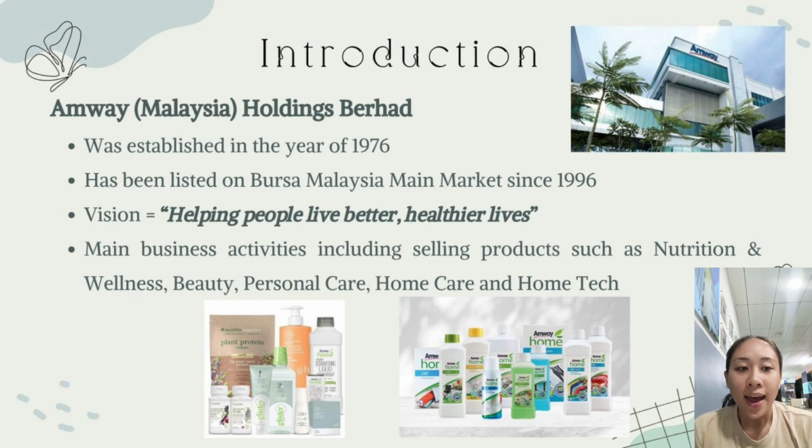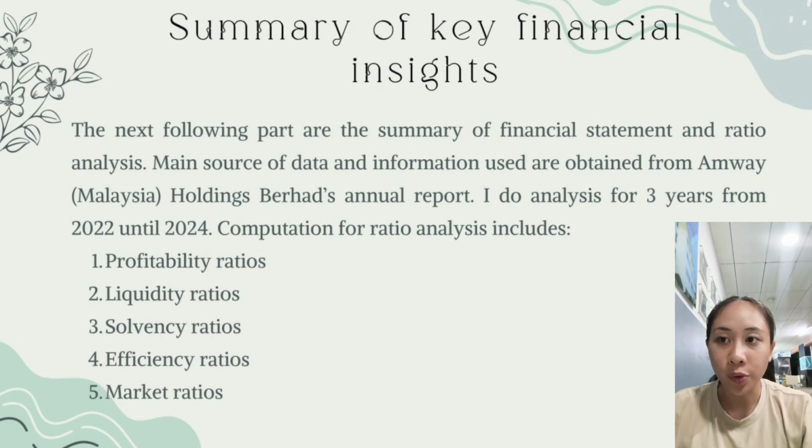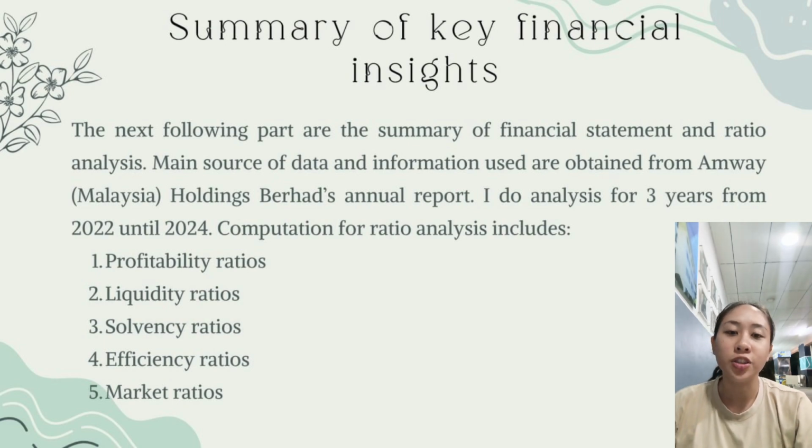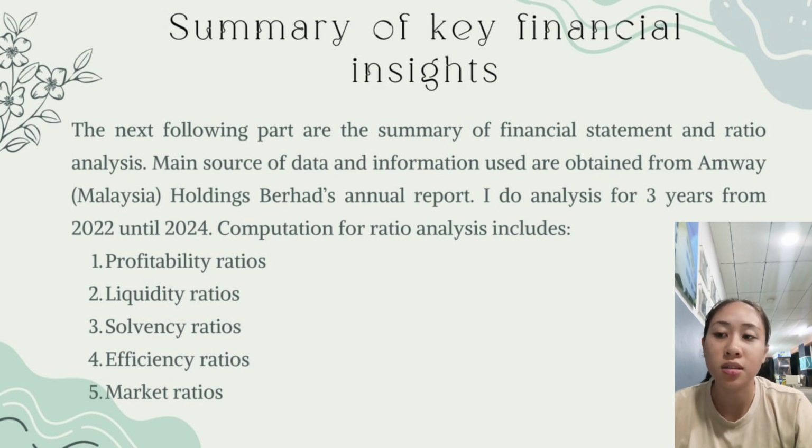Throughout the years, Amway brands and products have firmly put their position as the industry leader through numerous achievements and awards that have been won both locally and around the world. The following part is the summary of financial statement and ratio analysis.